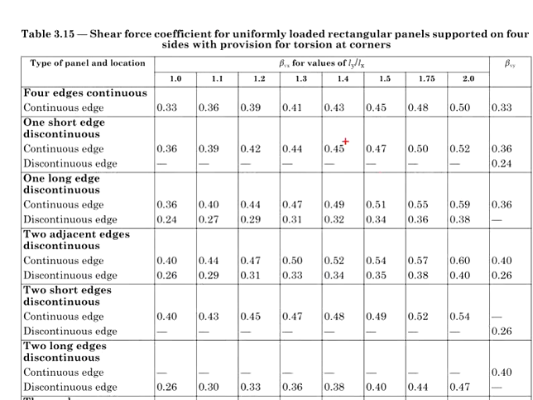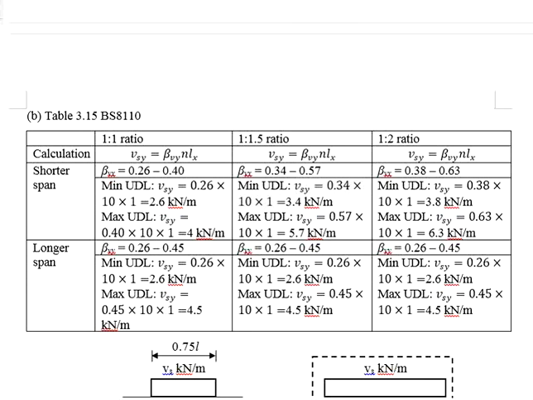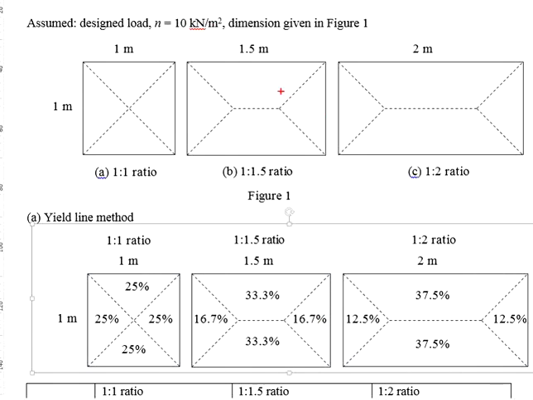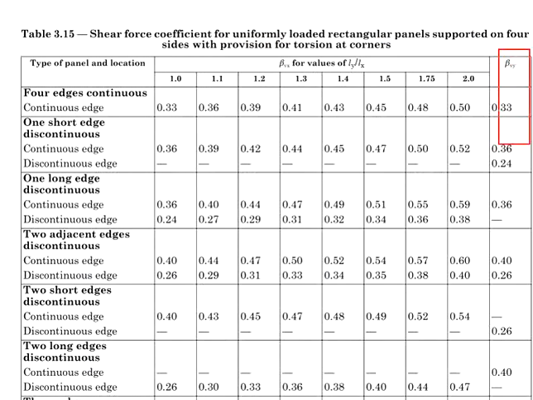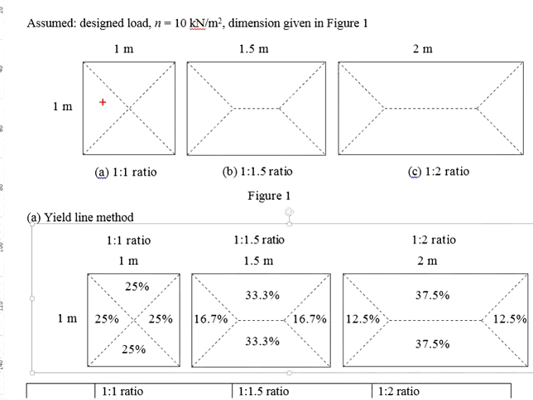That's why when you find the coefficient beta Vx and adopt it in the equations given by British Standard, it will end up to be the UDL acting onto the longer span of the beam. As for beta Vy, these beams are referred.